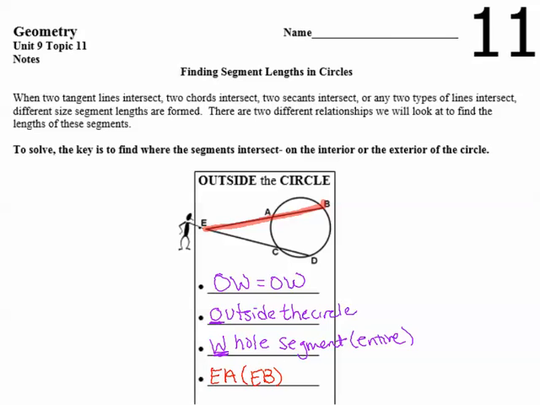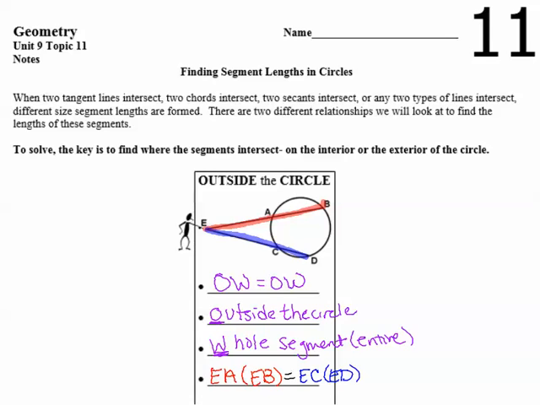Now, if I look at the other segment, and I'll make it blue, what do I know about this? The part outside on the blue section is from E to C. The entire segment, the whole thing, is from E to D.